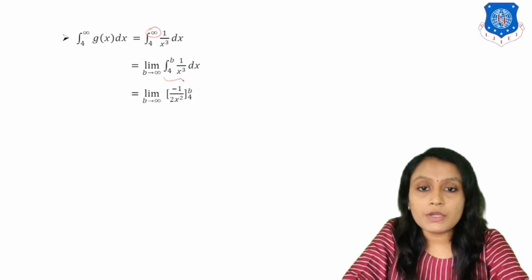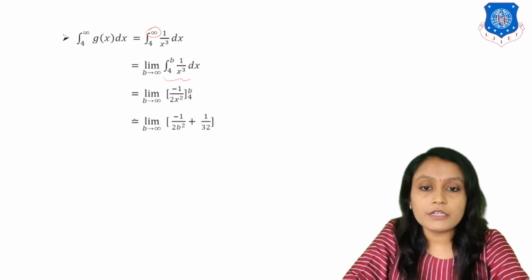Evaluate this integration. So what you will get? Limit b tends to infinity of minus 1 upon 2x square from 4 to b. Substitute the limit. So you will get limit b tends to infinity of minus 1 upon 2b square plus 1 upon 32. Now if you apply this limit b tends to infinity, this whole term will go to 0.